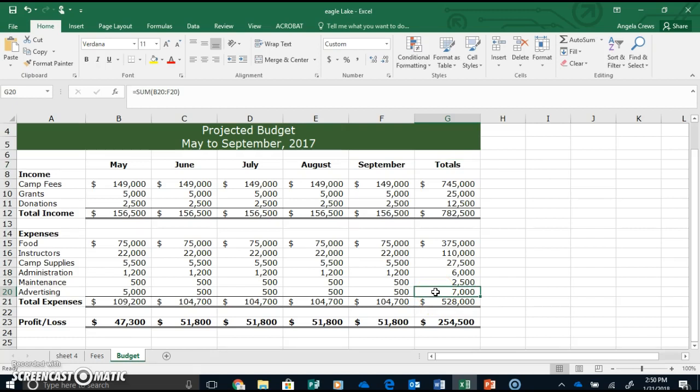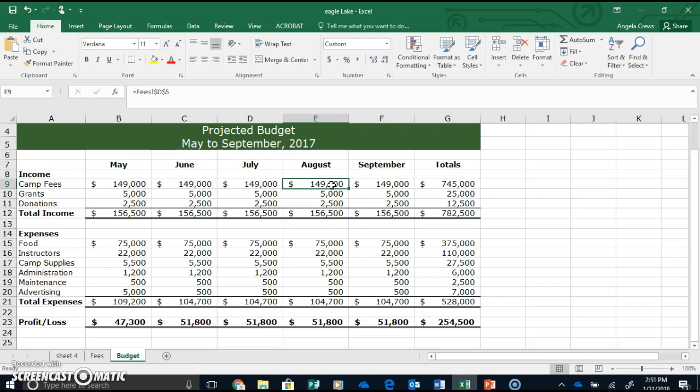Question A says, what if the May advertising campaign leads to a 30% increase in revenue from total camp fees in August and September? So I'm going to go up to these August and September fees. This is our total fees here. We think it's going to increase by 30%.